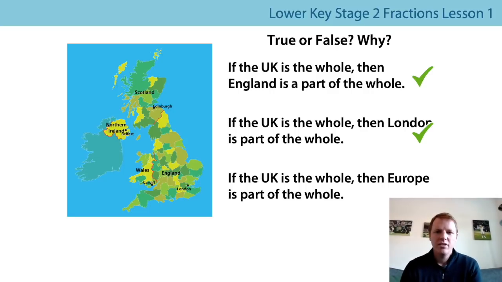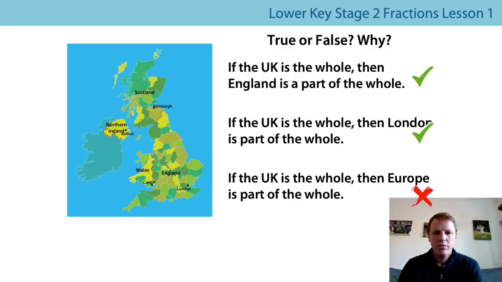So the third sentence is not true, it's false. Let's think why. If the UK is the whole, then Europe is a part of the whole. Tricky, because before we had Europe, but this time Europe is not on this map. The United Kingdom is in Europe, but we said that the United Kingdom is the whole.